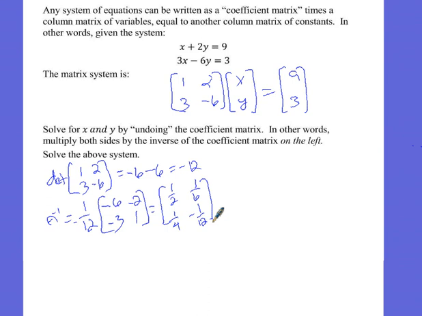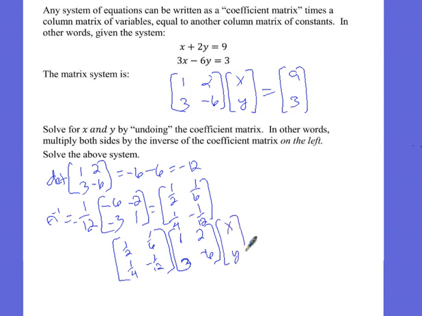Now what we're going to do is set up that equation. So we have this equation sitting here. I'm going to multiply my inverse matrix on the left here and on the left here. And then we're going to start simplifying this down. So I write my inverse matrix, 1/2, 1/6, 1/4, negative 1/12, times my coefficient matrix, 1, 2, 3, negative 6, times my variable matrix, x, y, equals.